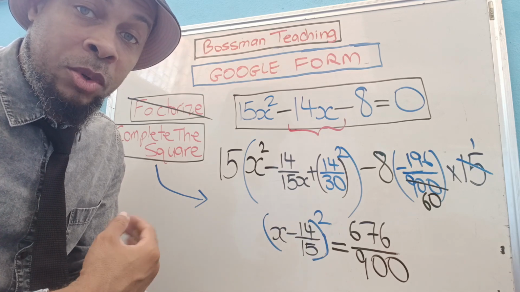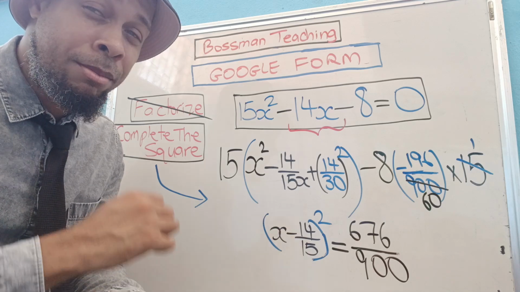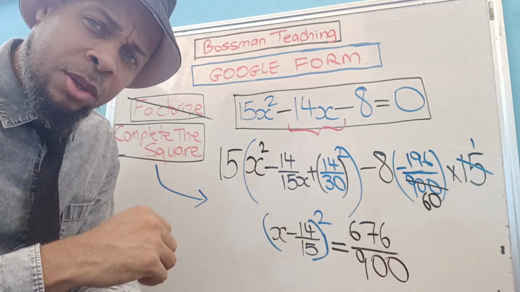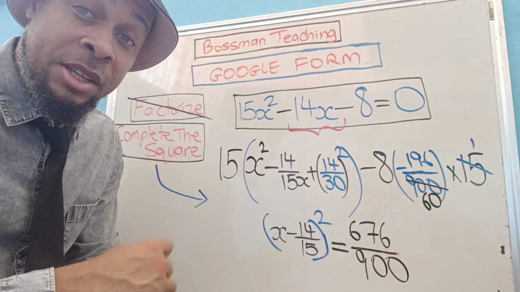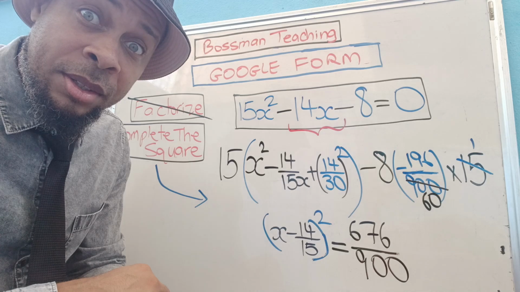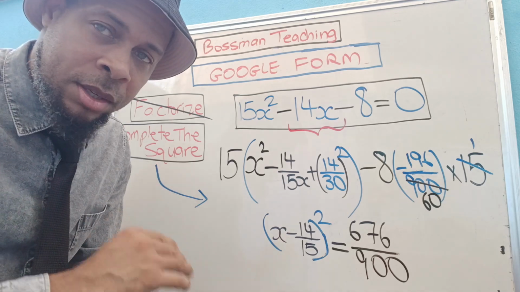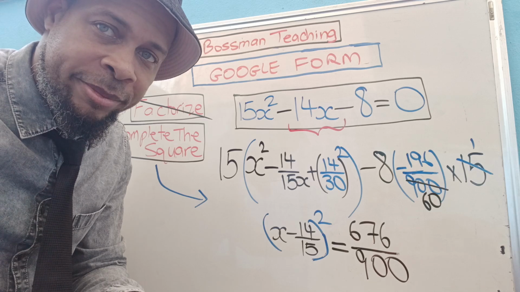So if you square root 676, you'll get 26. You square root 900, it's looking like 30. So let's square root both sides.